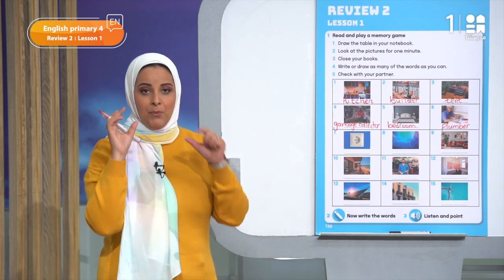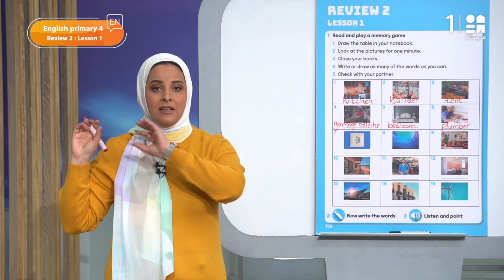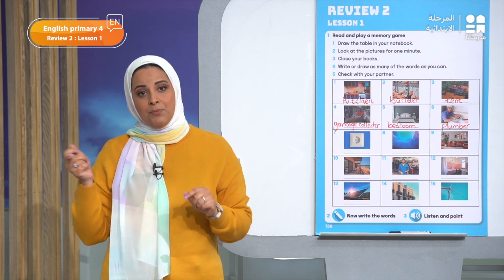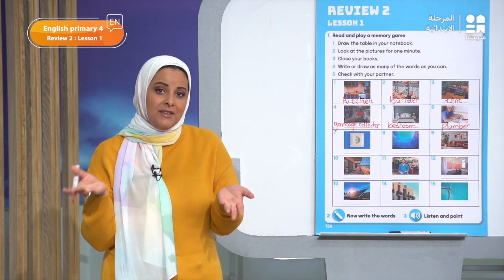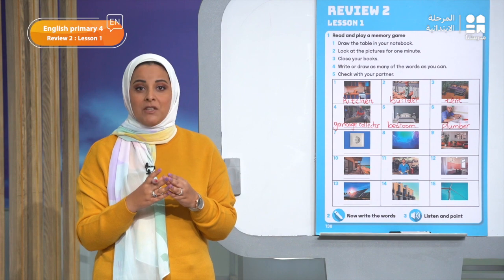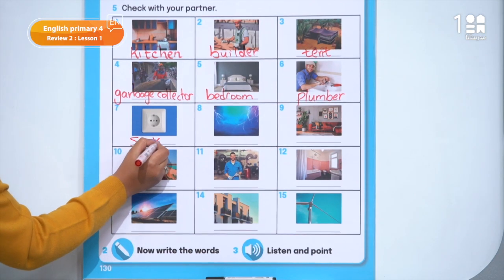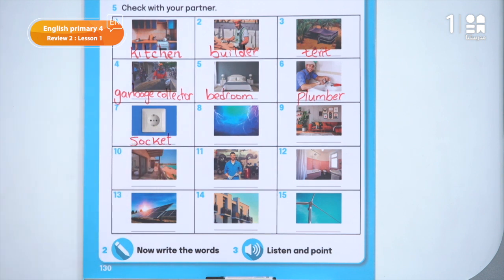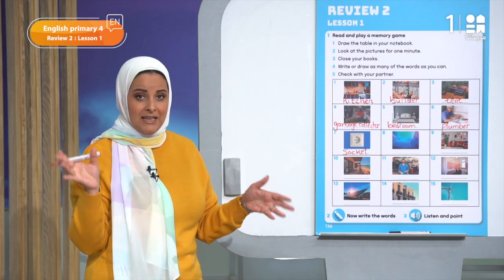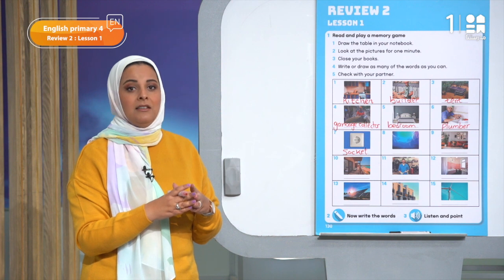Number 7, a part that we find in the wall and we put the plug in. What is it? Socket. Very good. And number 8 is lightning.